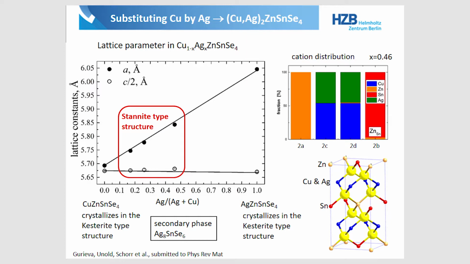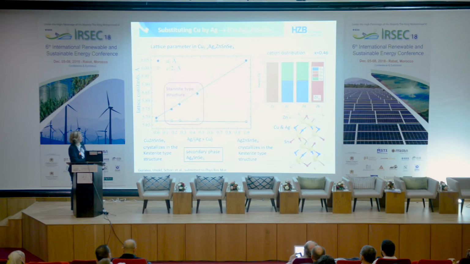This is another structure, which is shown here, the stannite-type structure. So for the alloys between copper and silver, at least for these 3 we have investigated, they show clearly stannite-type structure. That means copper and silver share these positions here, and you have no copper-zinc disorder anymore.